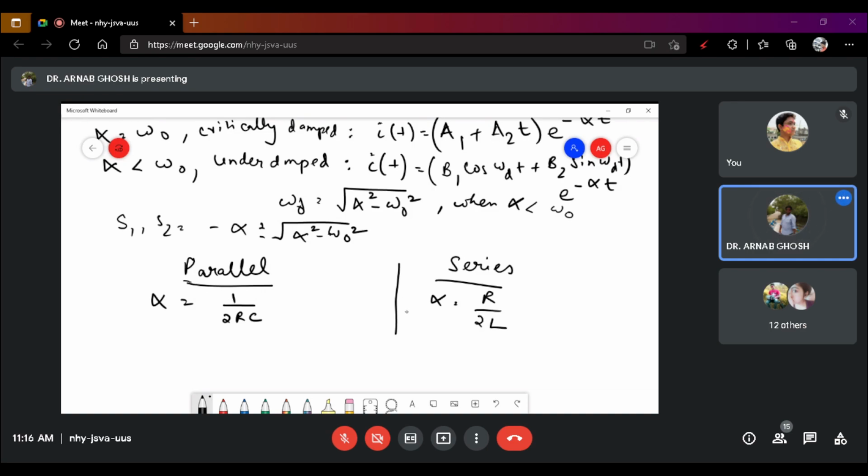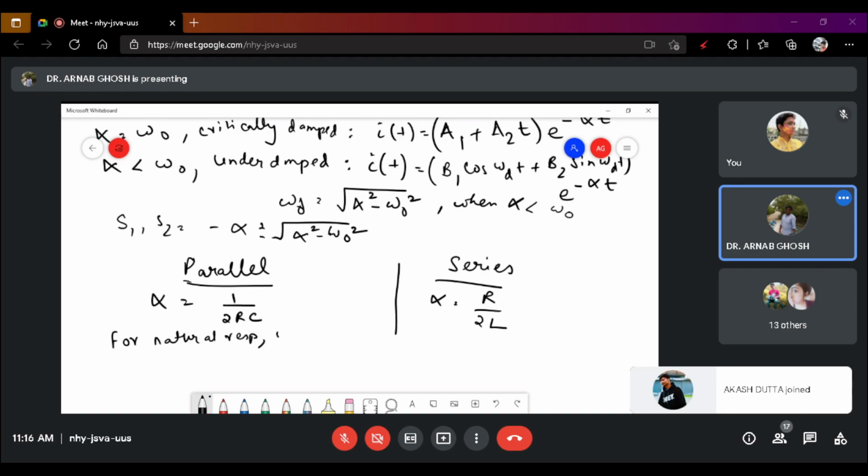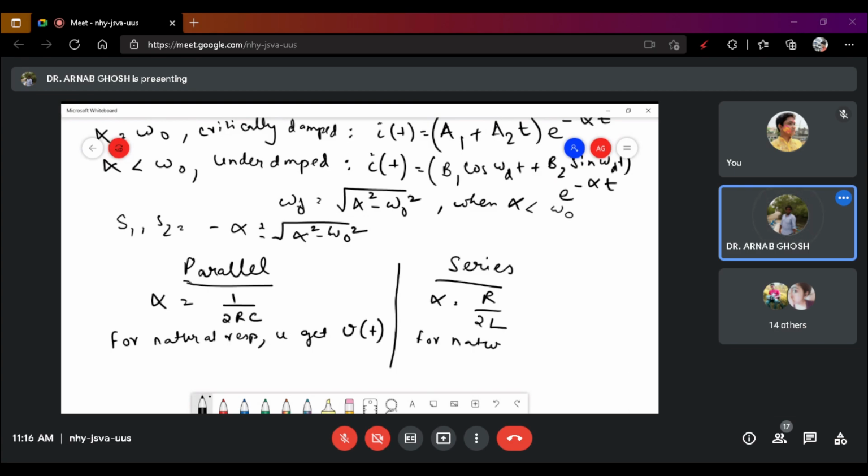For natural response, in parallel you get v(t); here you get i(t). Why v(t) and why i(t)? Because in parallel voltage remains constant, for series current remains constant. So that is why v(t) and i(t).